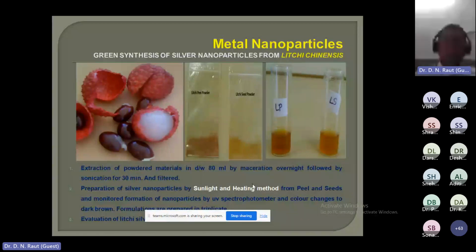This is a part of the study where we used green synthesis of silver nanoparticles from lychee plant. I believe the peel of the lychee plant was taken as well as the seeds, which we consider waste material, but it has a lot of potential chemicals present in it, and that could help us prepare the formulation. This is the external formulation that we have tried to prepare.